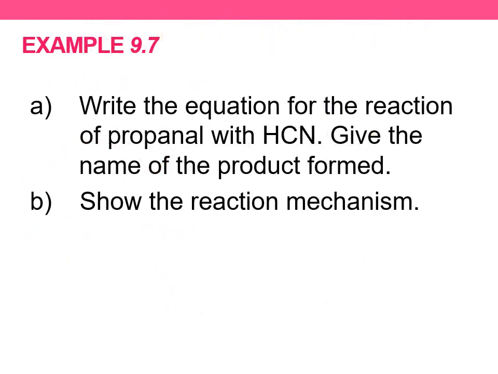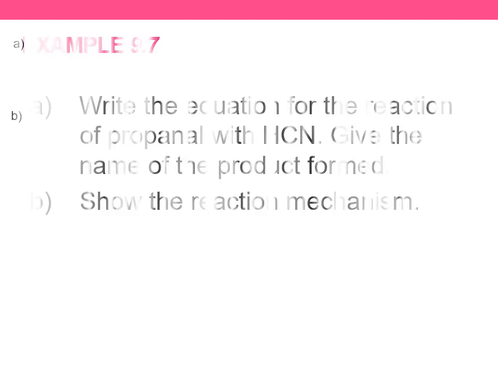Let's do example 9.7 in your page 313. Write the equation for the reaction of propanol with HCN, then give the name of the product formed. Show the reaction mechanism. Let's answer this question together. The first thing that you need to write is the reaction.